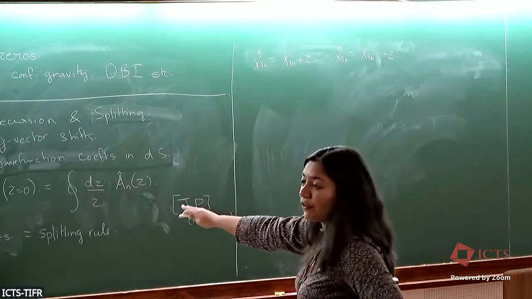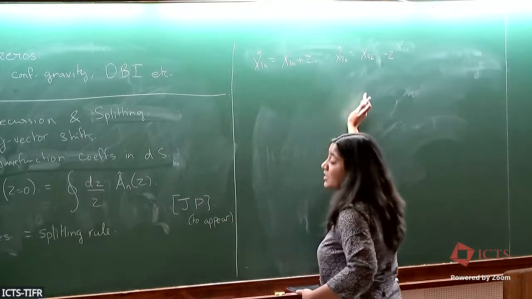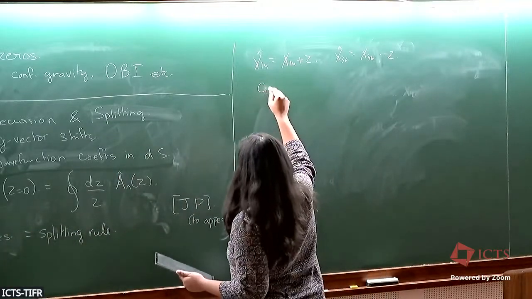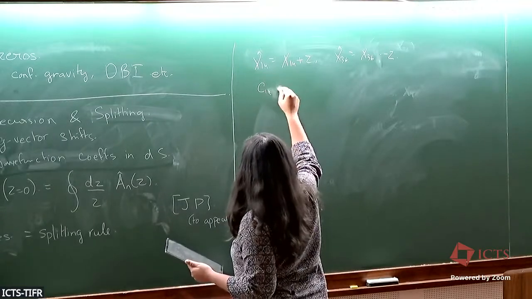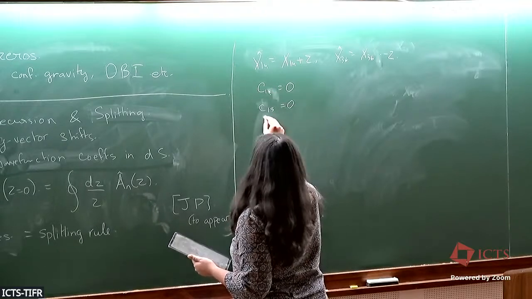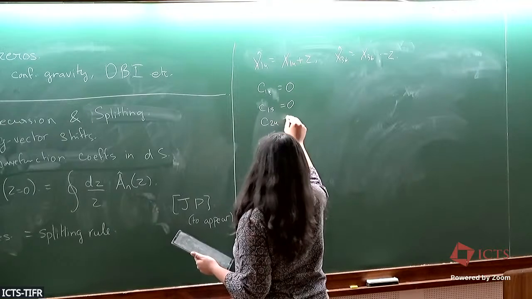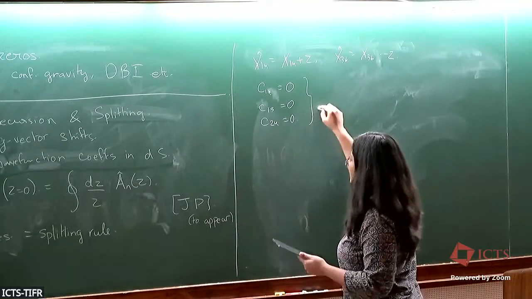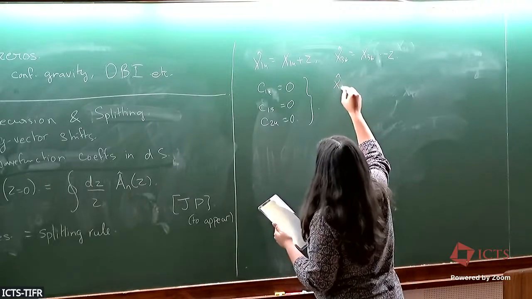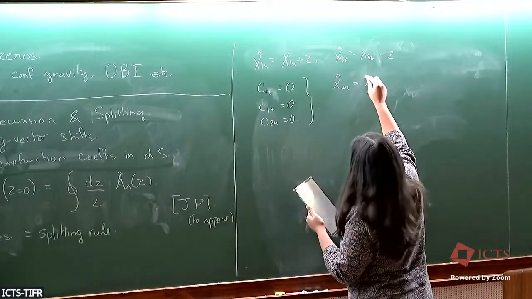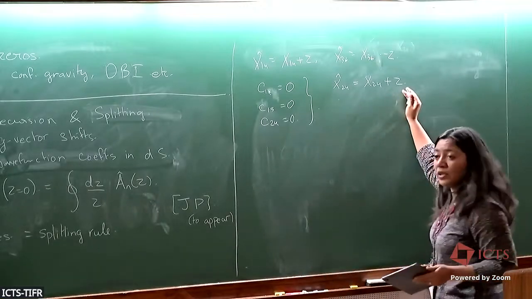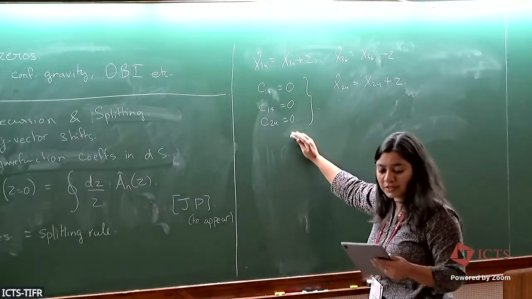So as I said, x's form a basis, so you don't actually have to shift anything else. But I want it to be on this kinematics. So I just write down the kinematic conditions, which are C14 equals 0, C15 equals 0, and C24 equals 0. I solve for this, and that tells me that the only shift I need to do is x hat 24 equals x24 plus z. So this is the only other shift I need to do in order to be on this kinematics.